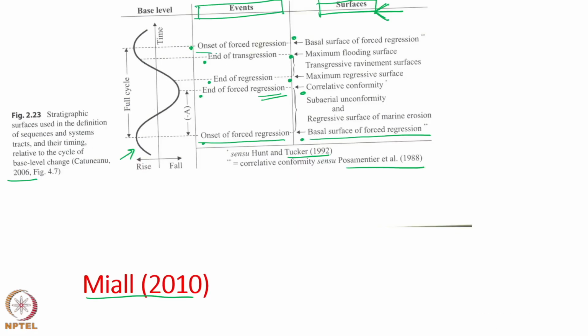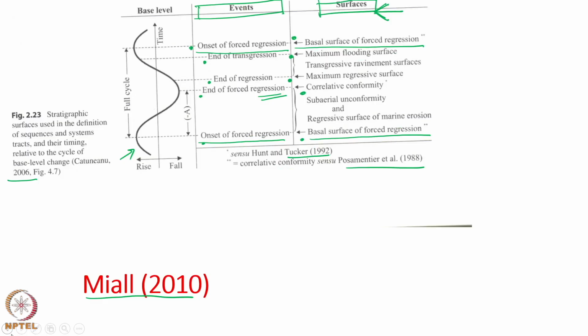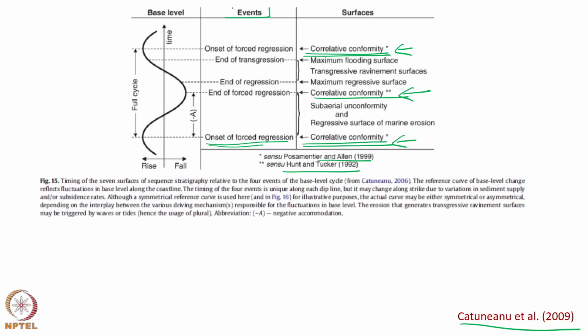Similarly, what was earlier said as the basal surface of forced regression has been identified as the correlative conformity. So, here the term correlative conformity has come 3 times, whereas there it came only once. As in the previous case, this column is for events and this column is for the rock surfaces.